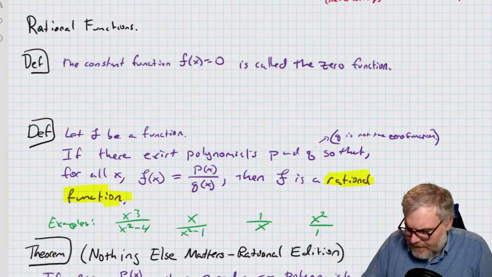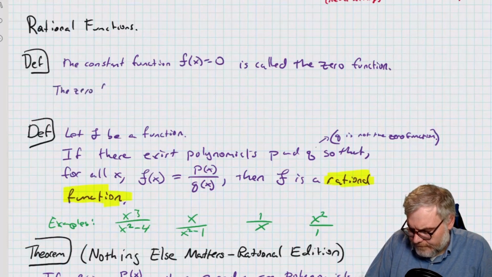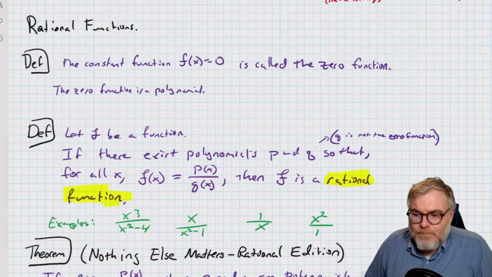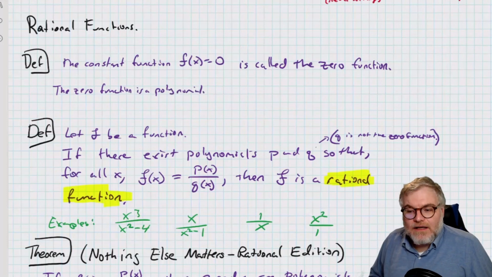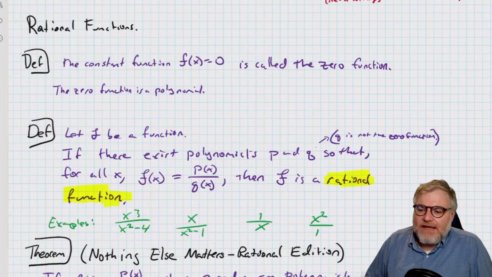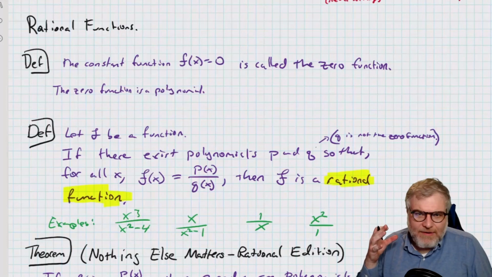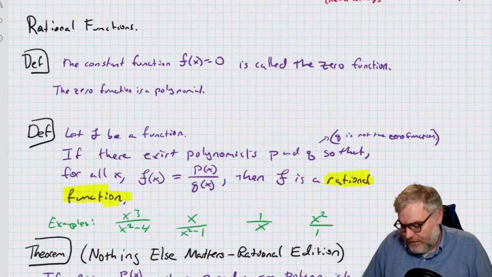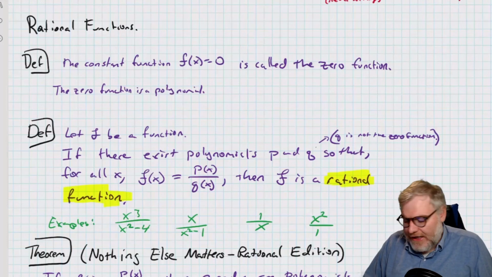So the 0 function, by the way, is a polynomial. Curiously, the 0 function is both even and odd. If you remember those definitions from pre-calc about what it meant to be even and what it meant to be odd, the 0 function is actually both, and you can prove that. And you can actually use that fact to prove cool things.